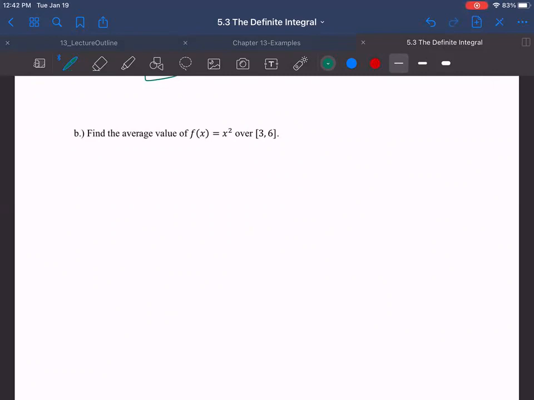And so if I go to do this, if I do my average of f, this is 1/6 minus 3 integral from 3 to 6 of x squared dx. We haven't really gotten into this yet, but I think you were doing anti-derivatives last time.